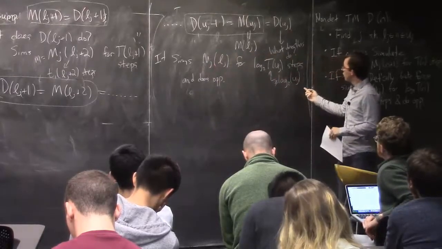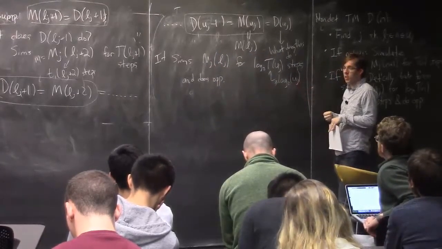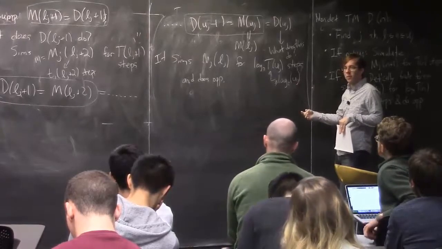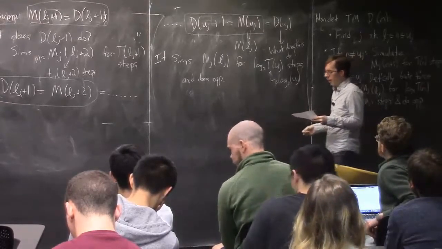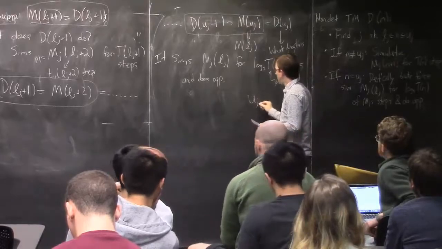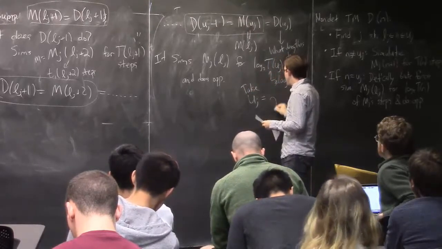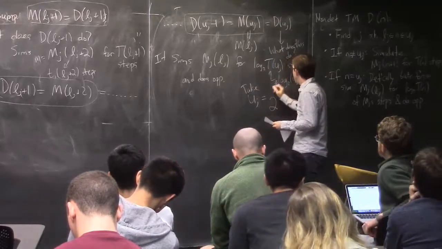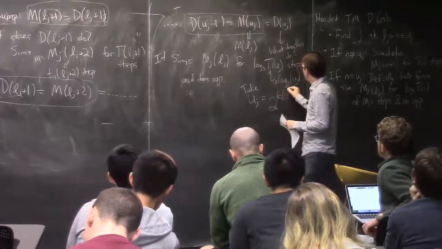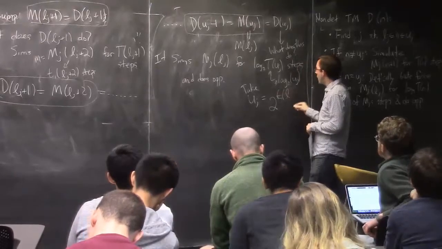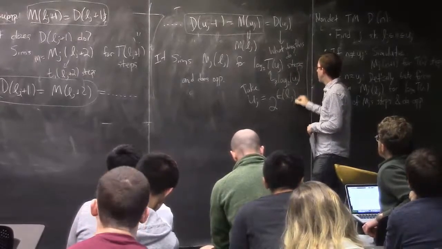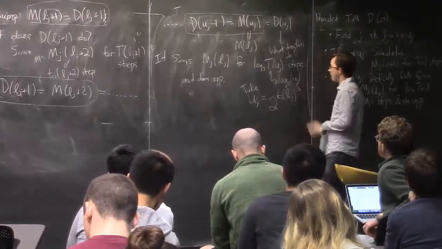Now we just have to make sure that little u_j is chosen way, way bigger than L_j. And we can freely choose this. So we can take this to be 2 to the running time of M_j on little L_j, cubed just for safety.